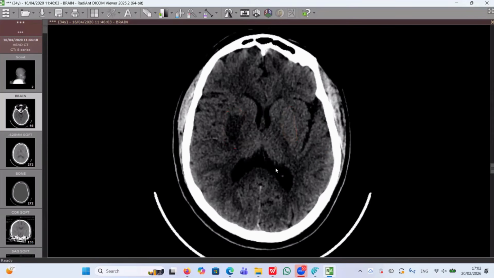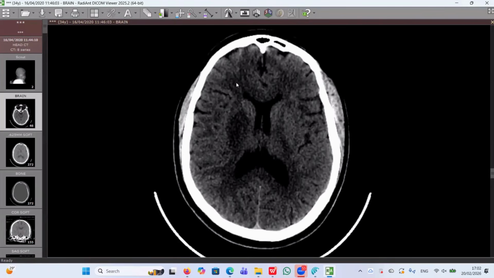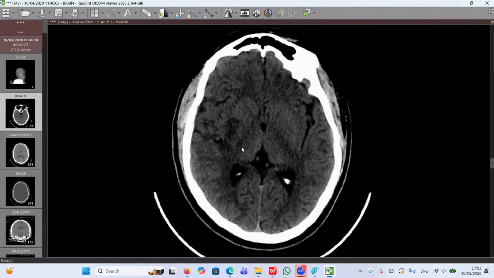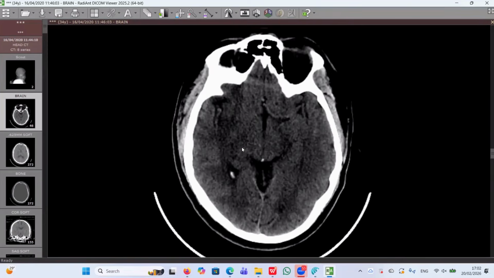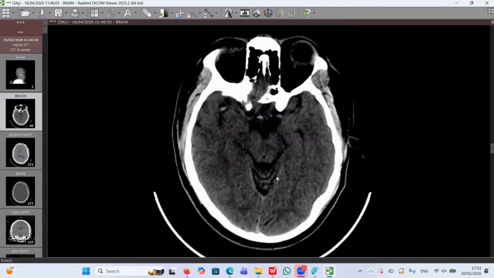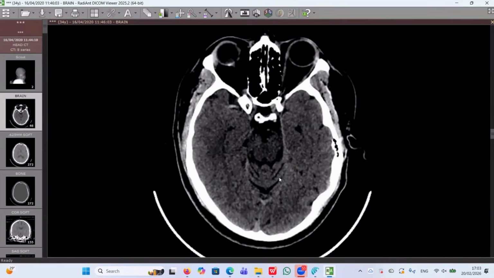So we have a hypodense area located at the lentiform nucleus. The lentiform nucleus appears ill-defined, so it's called the lentiform sign. Also, if we compare the insula, this insula is hypodense, not like the contralateral side. So we have the insular ribbon sign. Also, we have the MCA sign.